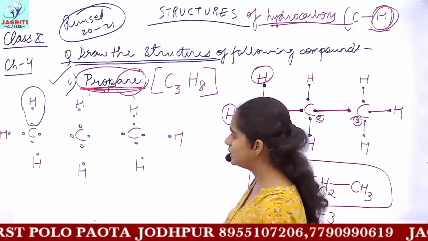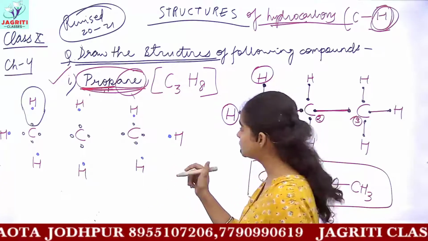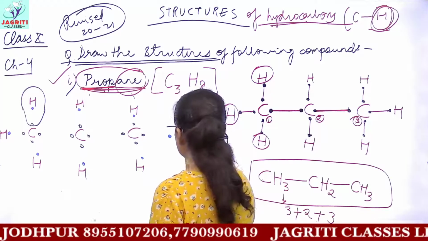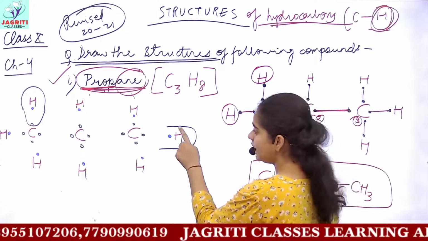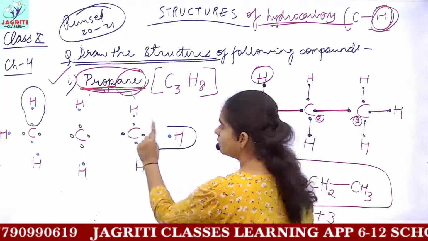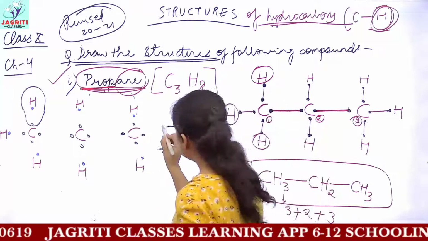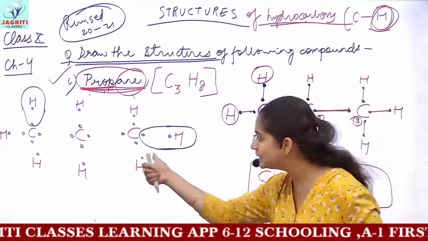Similar would be the case for all hydrogens. Talking about this hydrogen, how to complete its structure? Start your sharing circle by involving the symbol of the element and the electron originally present. And now because it requires 1 more electron, the nearest is this electron of carbon, so the sharing circle would be formed in this manner.